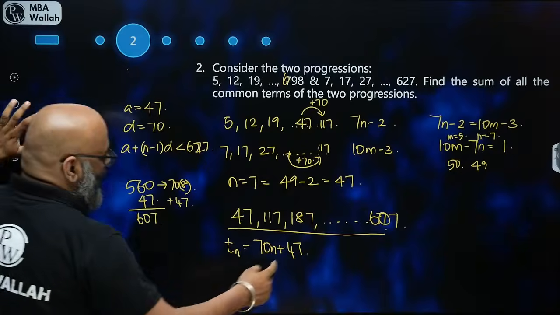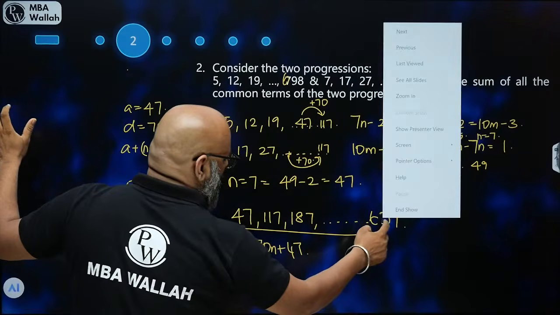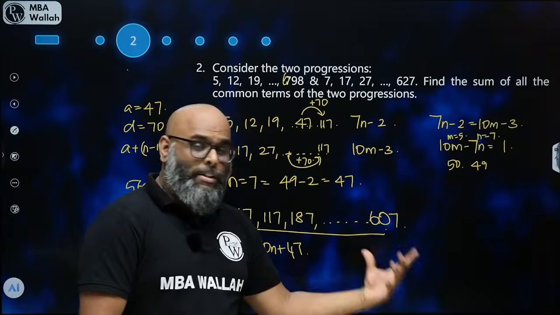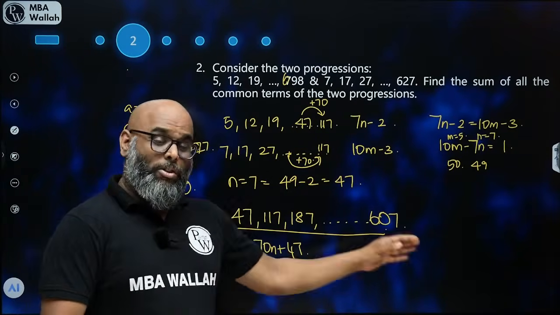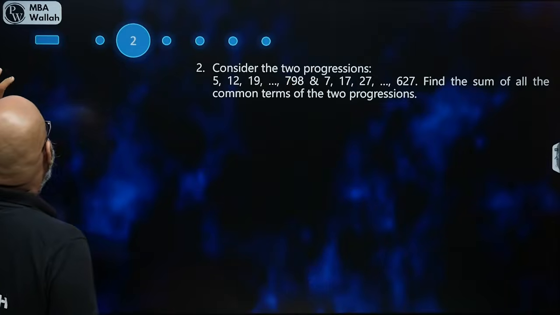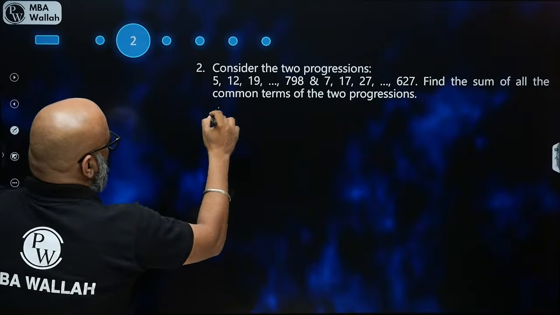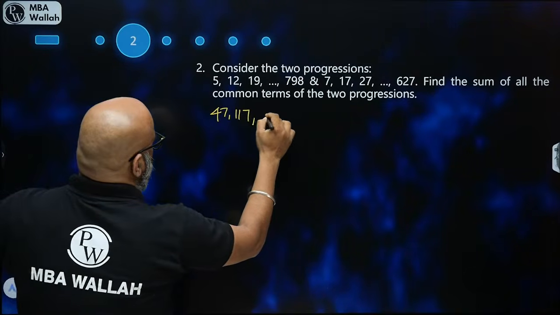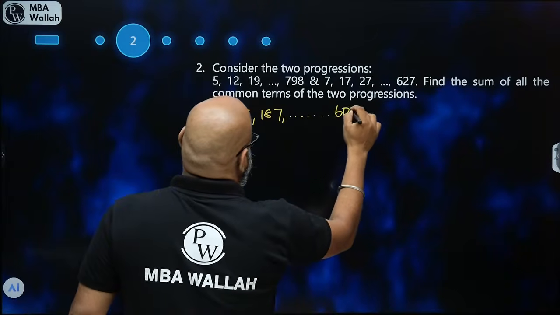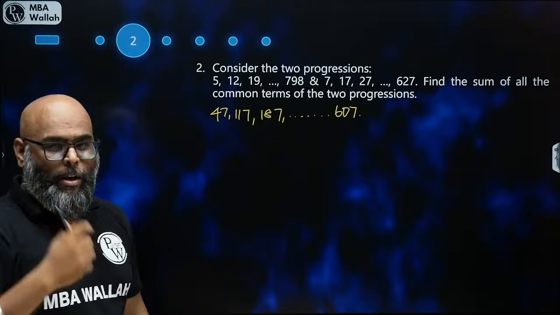I figured out my last number is 607 then. I start with 47, take it 70, 70, 70, increase it by 70 every time, and then I end up with the last number to be 607. I can call this to be an AP now. The sum of this AP, what will it be? 47, 117, 187 up to 607. Right. So how many terms will be there?